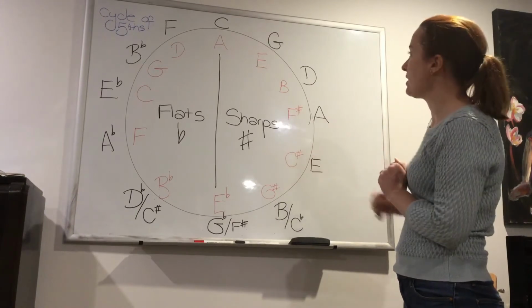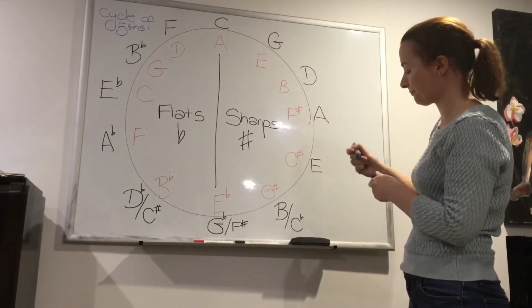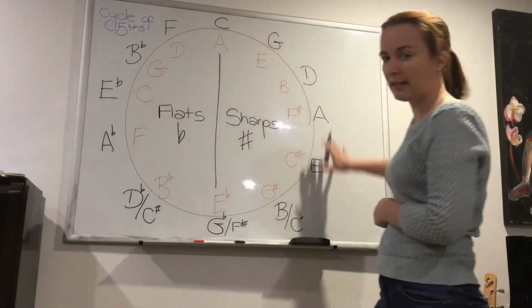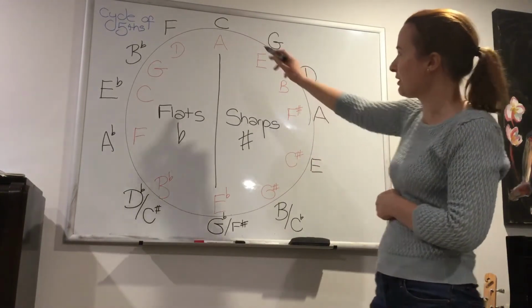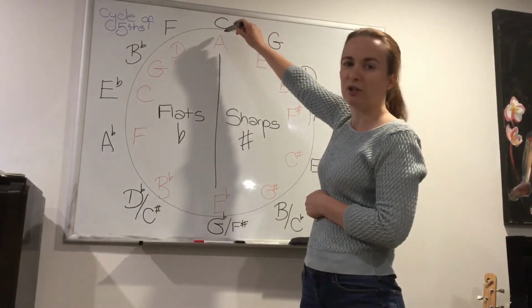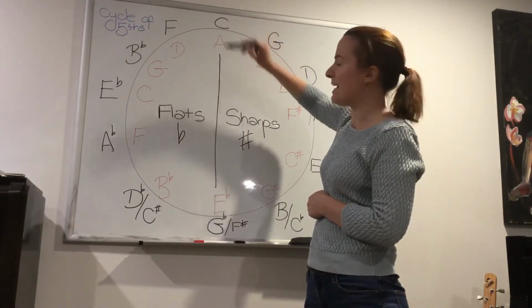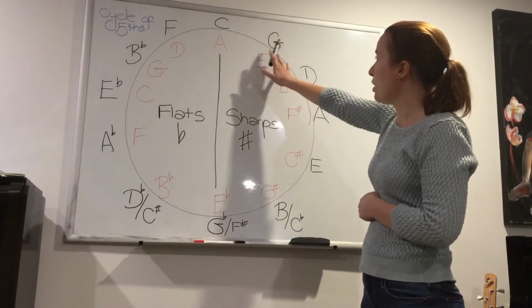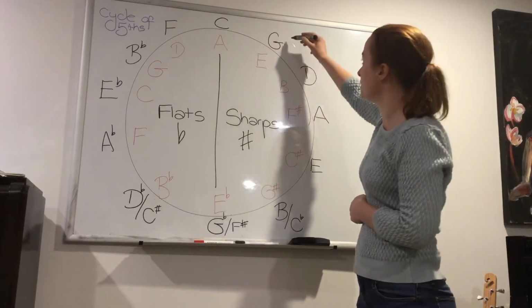Once you've done that, you need to pop in your key signatures. I think about this as being like a clock, but just slightly different to the usual clock. So instead of 12 o'clock, we've got 0 o'clock. C major and A minor don't have any sharps or flats. So 1 o'clock, G major has 1 sharp.